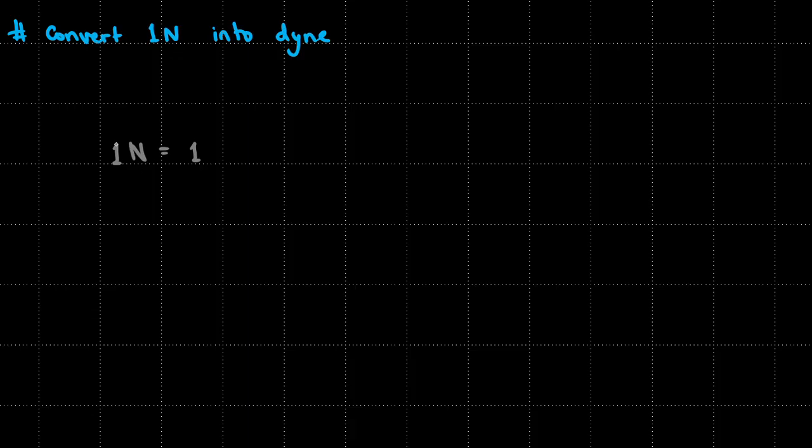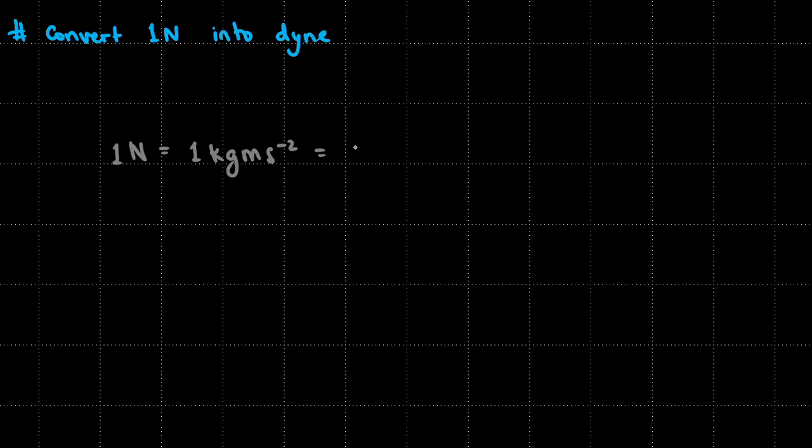In SI system, because Newton is the SI unit of force, I can write this as kilogram meter per second square, because m into a, m gives us kg, a gives us meter per second square. So Newton is equivalent to kg meter per second square, and dyne is the CGS unit. CGS meaning centimeter, gram and second.